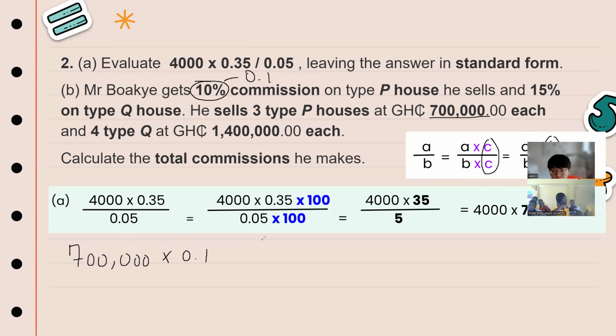That's the amount of commission on a P house. You just cross out one zero, multiplying by 0.1. And the commission that Mr. Boake gets from house P is 70,000 Ghana cedis.